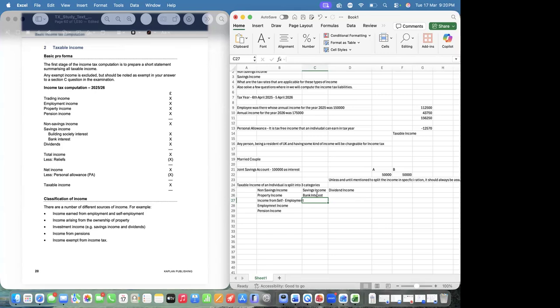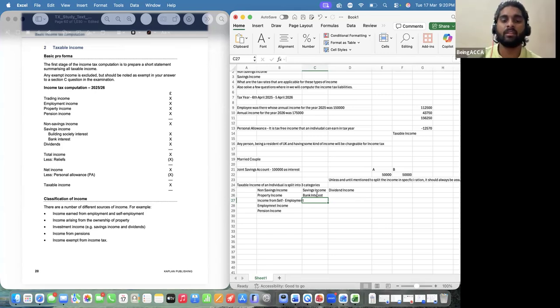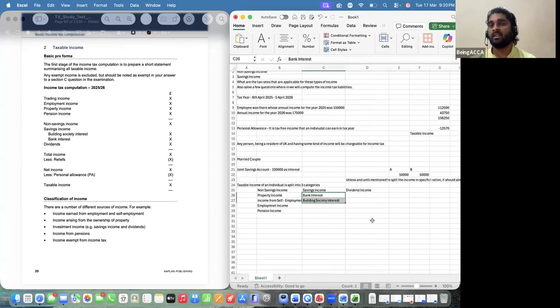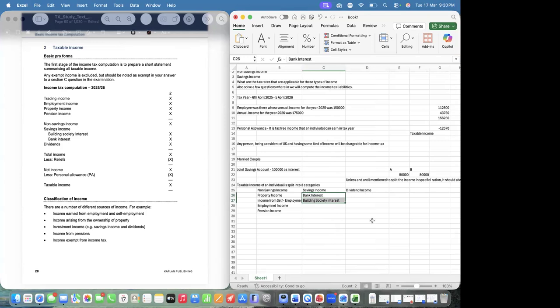Yes, sir. So similar to that, you have something known as building society interest. Okay, that is also nothing but you deposit some money and you get interest at a later date. These two are categories of savings income. Okay, only interest income will form part of your savings income. Is that clear? Yes, sir.